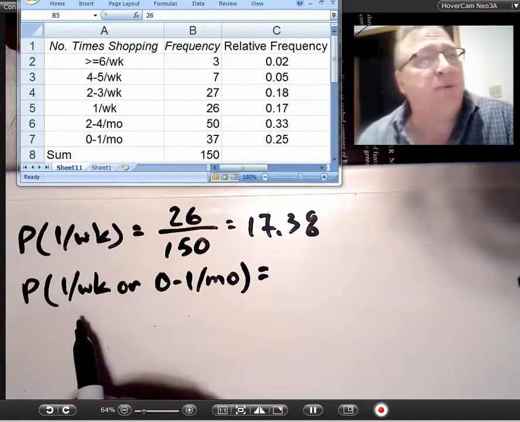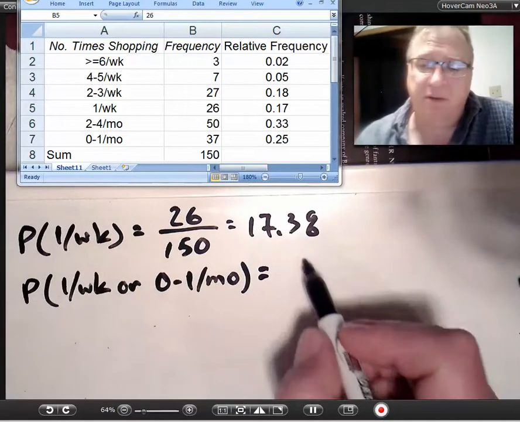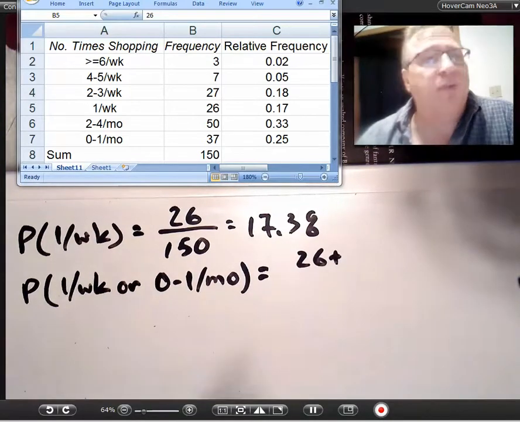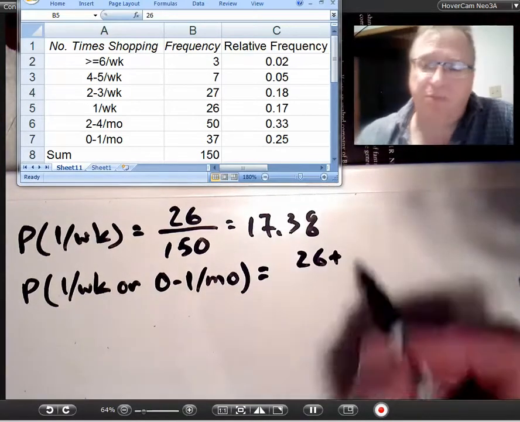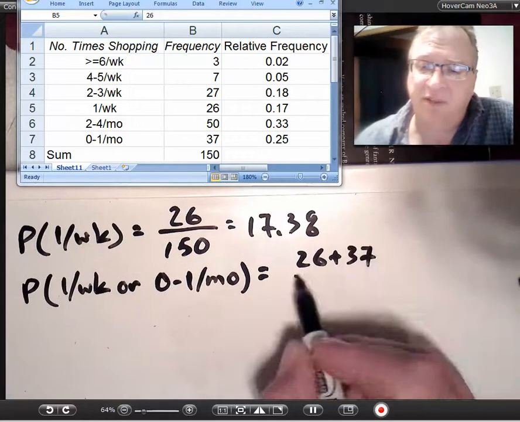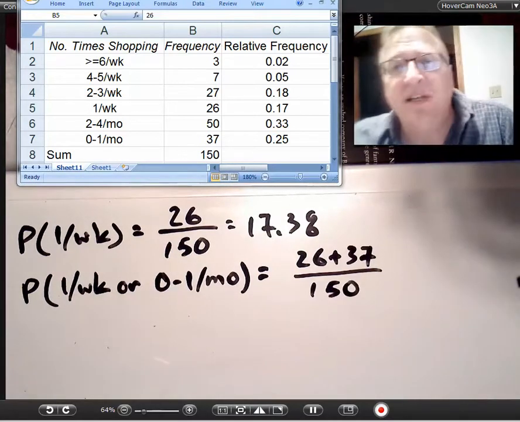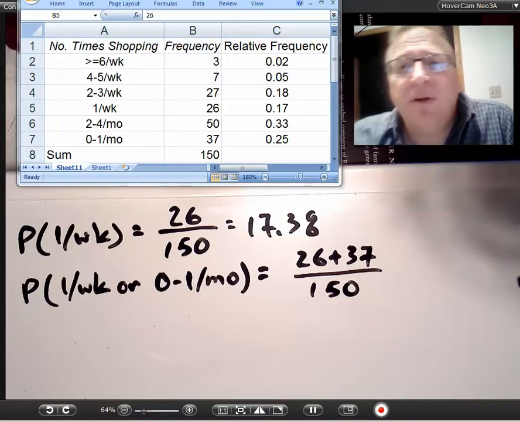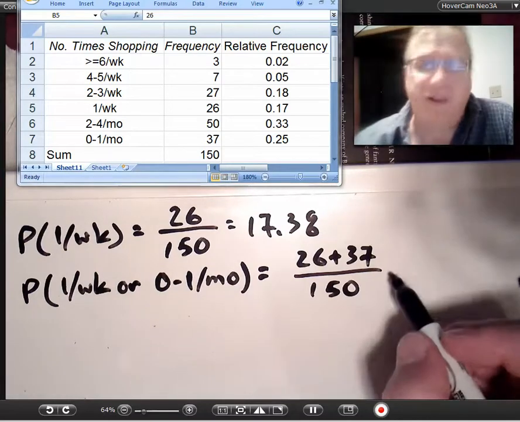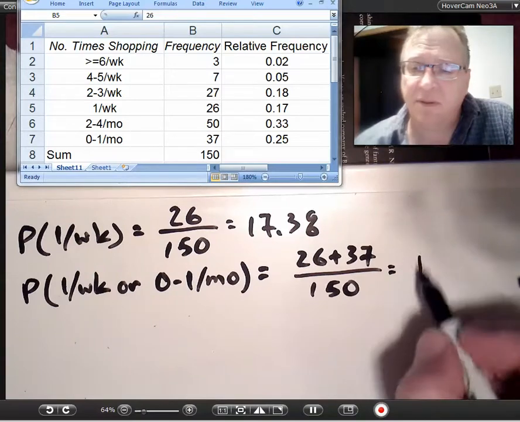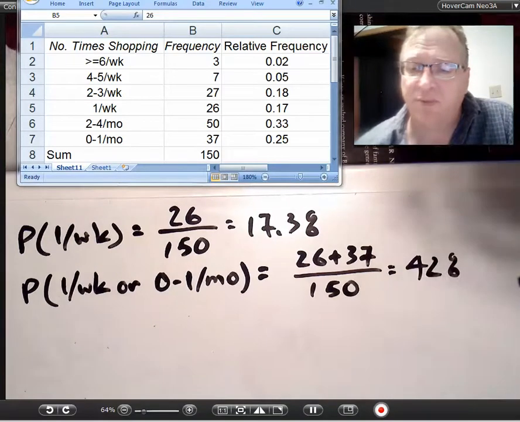So once per week, that would be our friend 26. And we're going to add to that 0 to 1 times per month. That's 37. We still have a total possible outcomes of 150. And so we do the math. 26 plus 37 divided by 150. And we find the probability of that is 42%.